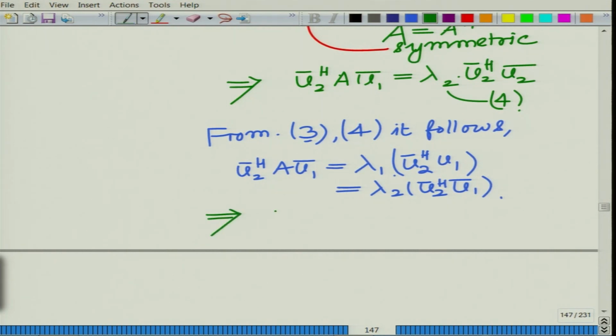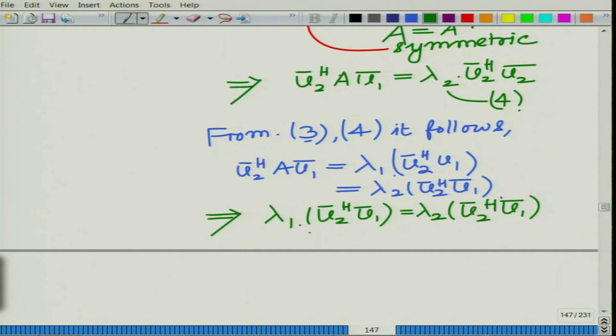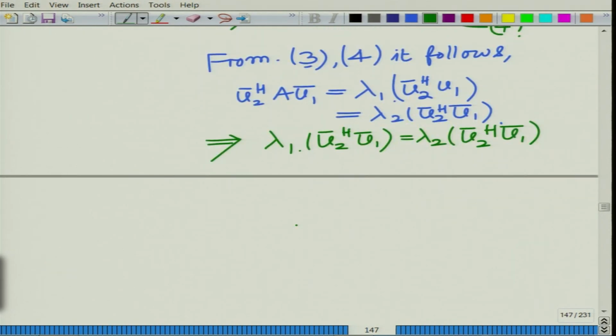now if you look at it, something very interesting, lambda 1 u2 bar Hermitian u1 bar equals lambda 2 u2 bar Hermitian u1 bar. Now note these are distinct eigenvalues, lambda 1 is not equal to lambda 2, that is the assumption to begin with, right.